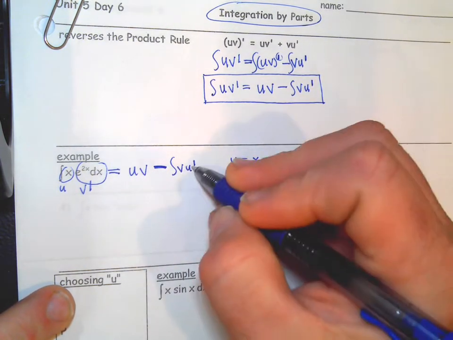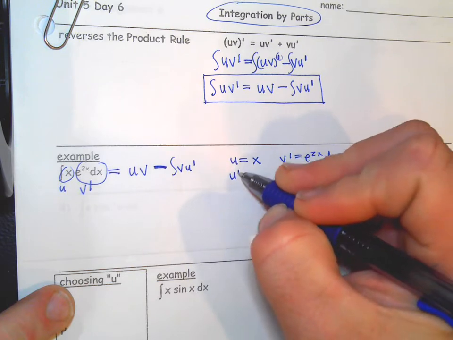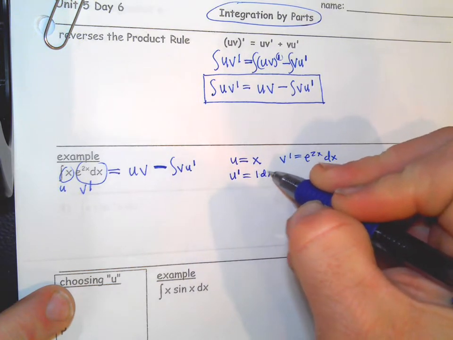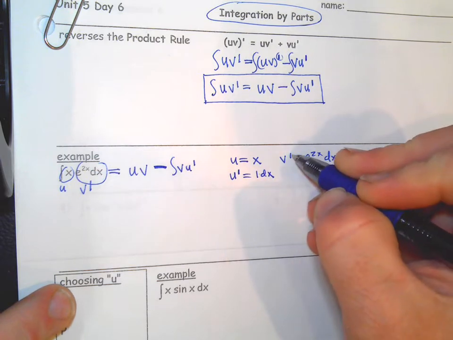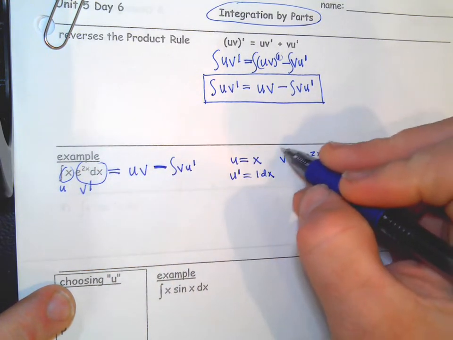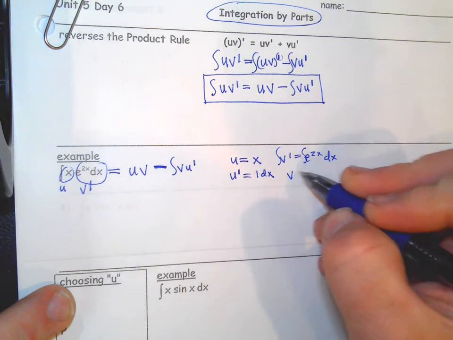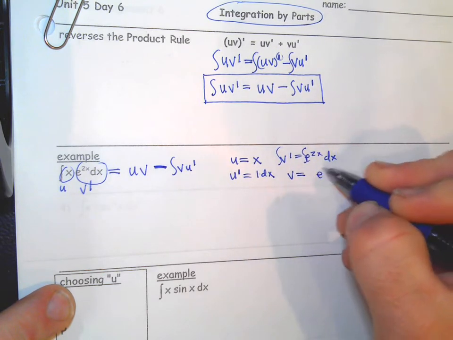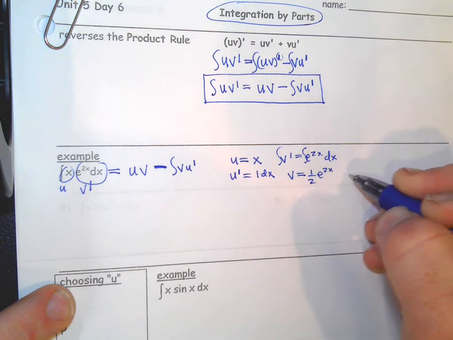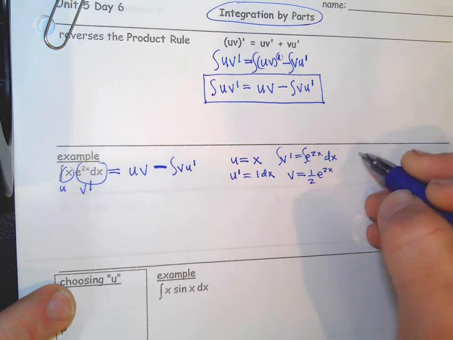We're going to need the u prime, so we take the derivative, and it's just 1 dx. We have v prime, but we're going to need v. So we need to integrate to get v, which is going to be e to the 2x with a 1/2 because of the chain rule, and the dx is gone.